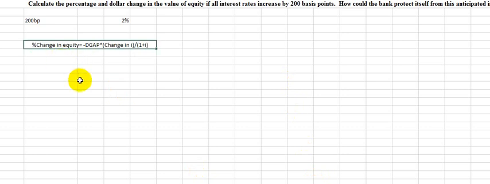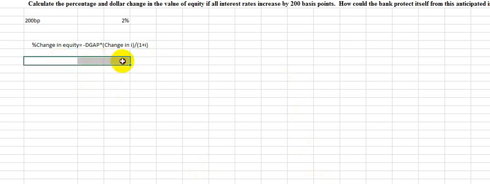Okay, and the dollar change in equity is equal to the percentage change in equity times total assets.